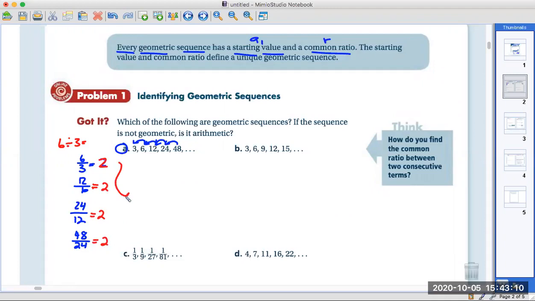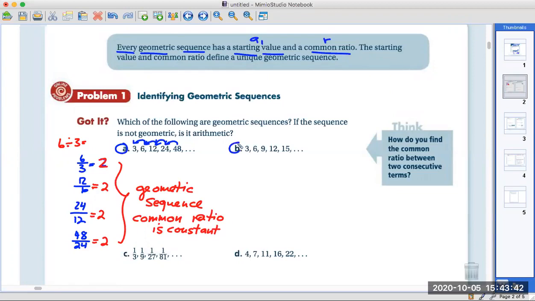This is a geometric sequence because the common ratio is the same. And the word in math is constant. If it's the same, it means constant.